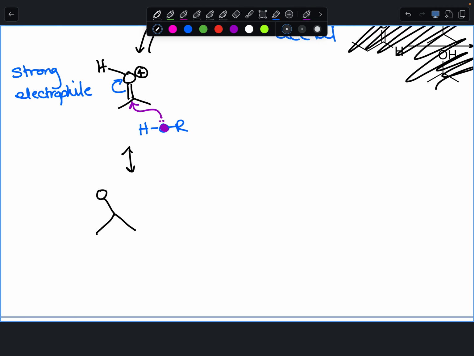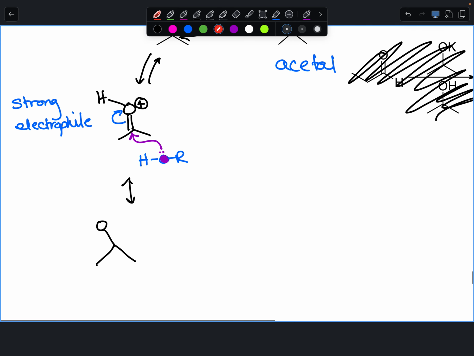So nitrogen nucleophiles tend to take carbonyls and make them into carbon-nitrogen double bonds. But nitrogen, unlike oxygen, makes 3 bonds, right? So that's going to come into play with what type of product we get out.